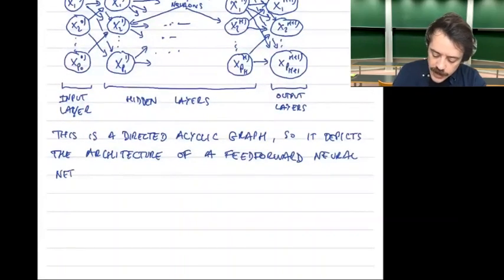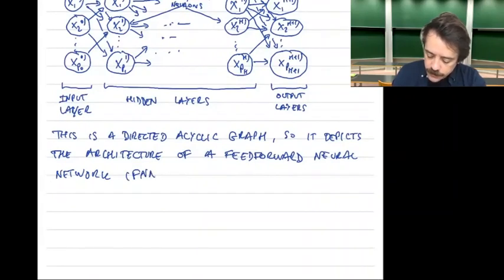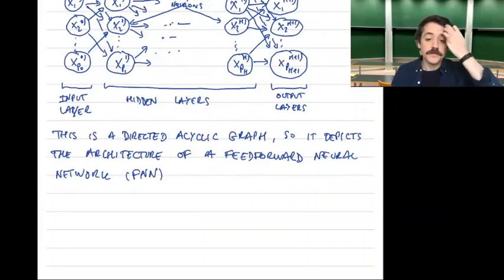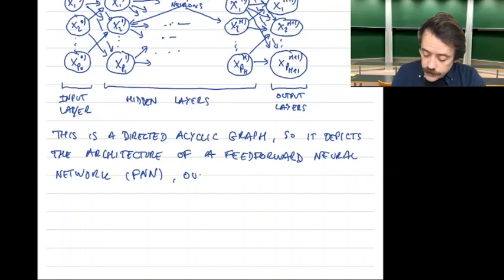So it's not just any artificial neural network, the one I drew up there. I will call this FNN, which are going to be our focus.